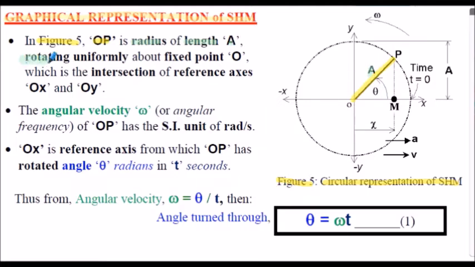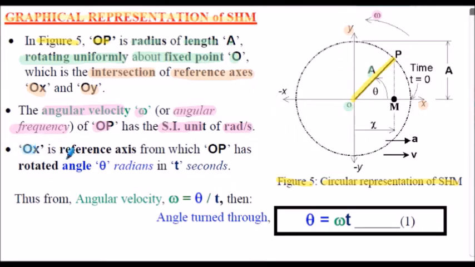OP is considered to be rotating uniformly with a constant angular velocity about fixed point O, shown here, which is the intersection of the reference axes labelled OX and OY. The angular velocity, labelled as omega, also sometimes termed the angular frequency of OP, has the SI unit of radian per second. Here's omega.